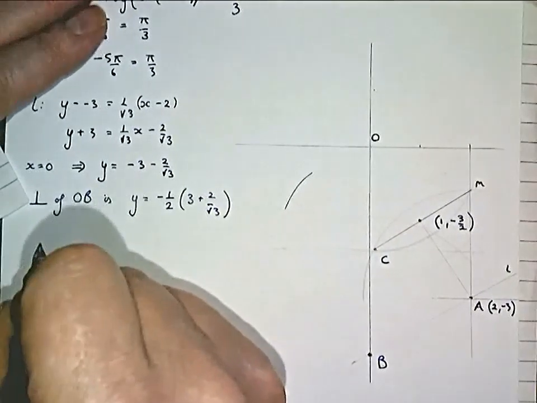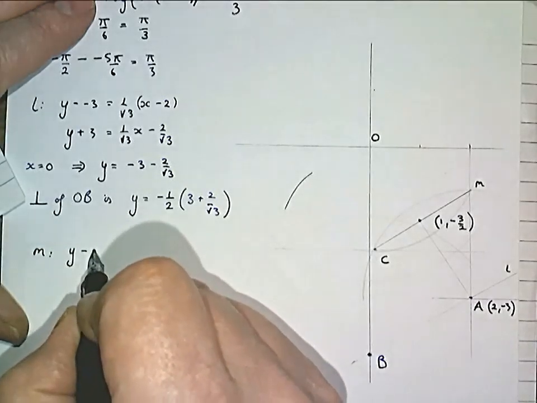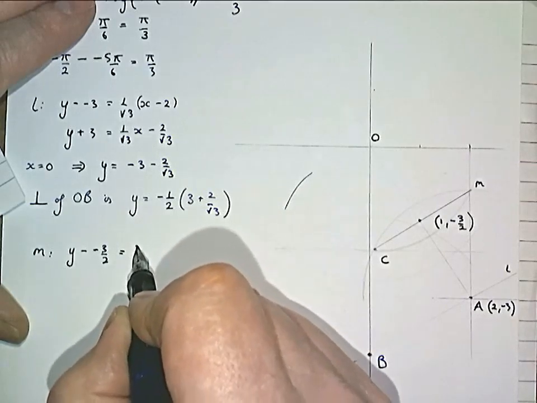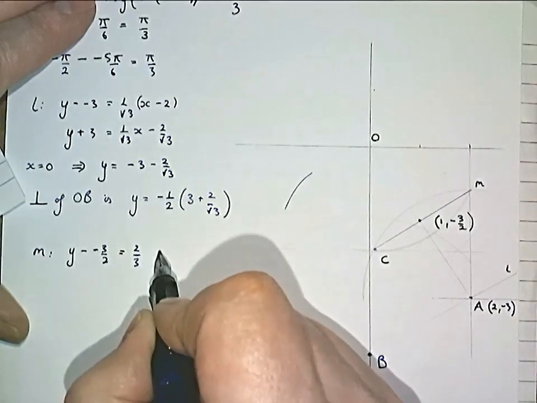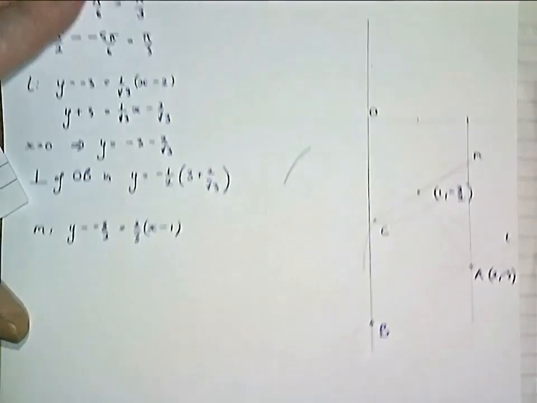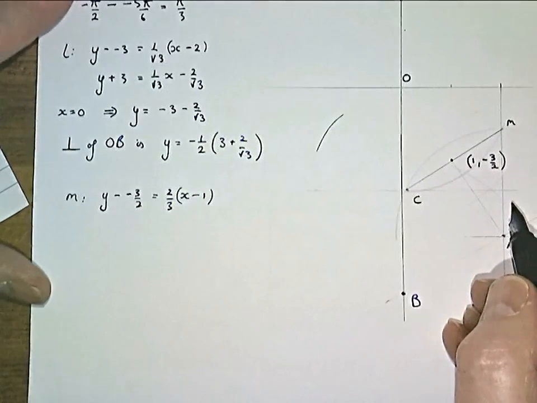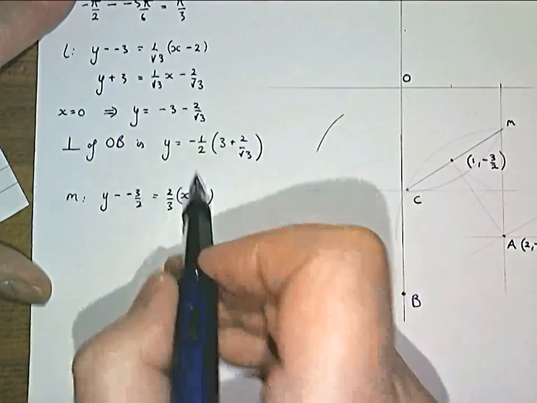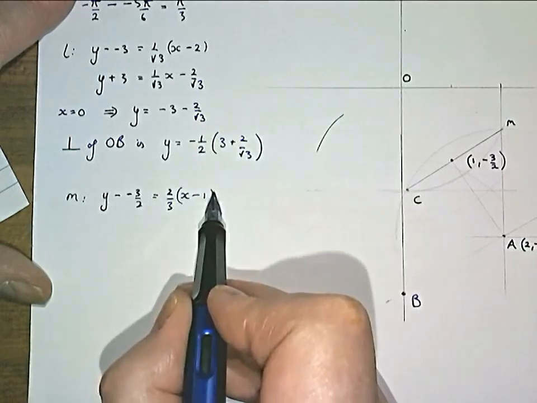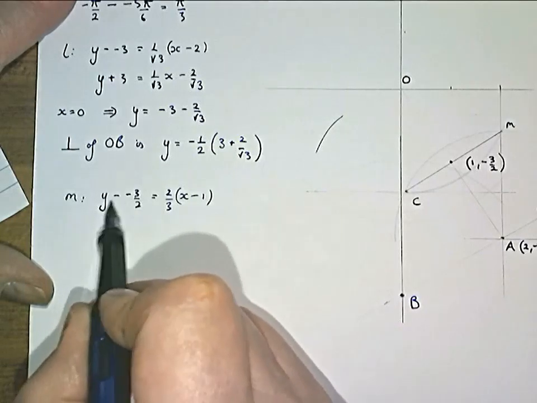So we can say m is such that y minus 3 over 2 is equal to 2/3 of x minus 1. Now these two lines are intersecting, so we're going to have a point where both y is minus a half of that expression and y is governed by this equation as well.